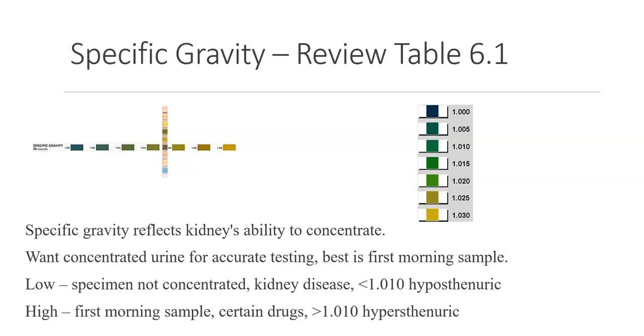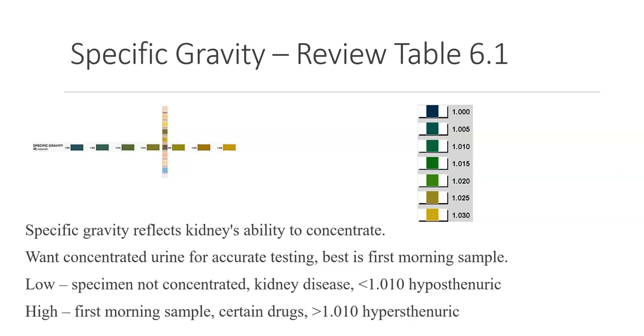You've been sleeping all night, the urine has been collecting in the bladder, and it becomes more and more concentrated. If the specific gravity is low, this indicates a specimen that is not concentrated and may be an indication of kidney disease, although it may also be an indication that this is a random sample taken throughout the day and you've been drinking a lot of water.